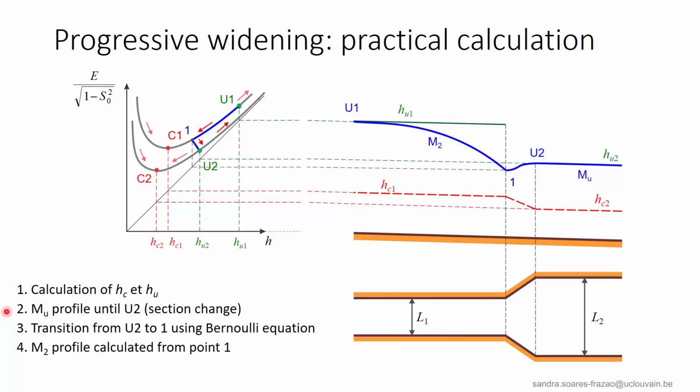Then, using the Bernoulli equation, we calculate the flow through the transition until point 1, in one or several steps, depending of course on the length of the transition and of the required accuracy. And finally, we calculate the M2 profile starting from point 1. It is a downstream control profile, so it is calculated from downstream, and the downstream point is point 1.